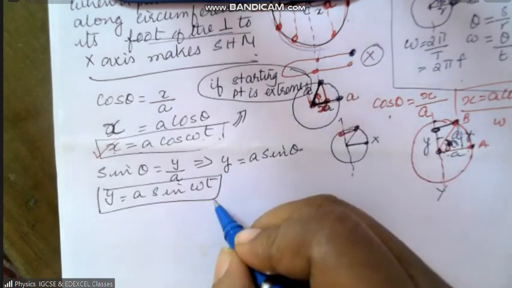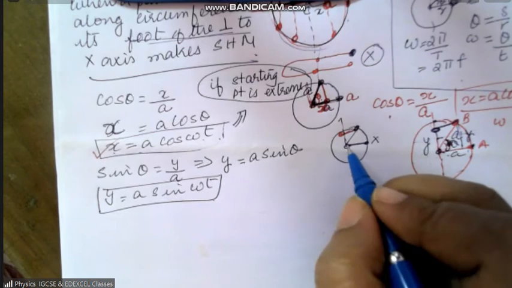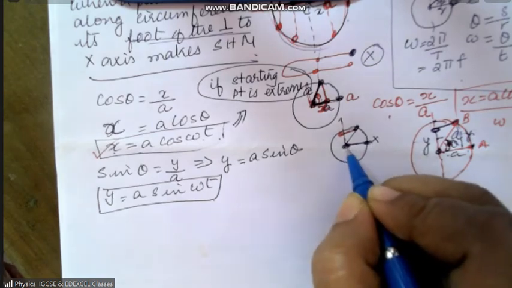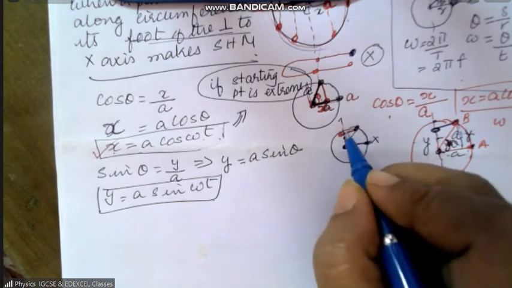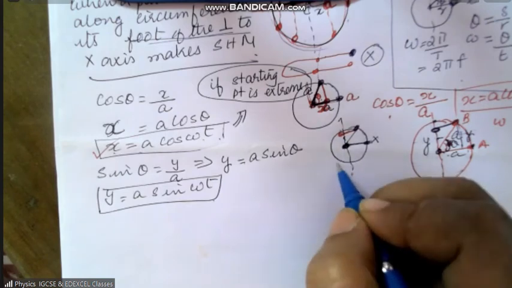Now, when do we use this? We use this when it is over here. Because initially when the particle is here, the foot of the perpendicular is here. When the particle is here, it is like this. So this position is the mean position.